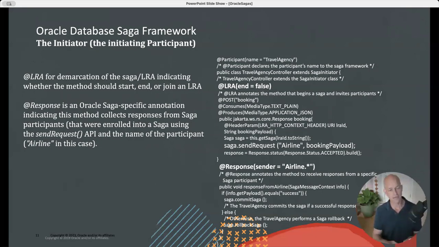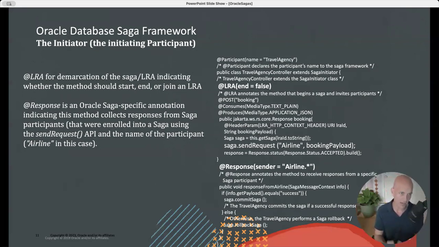So the Oracle database Saga framework is the first to actually provide this event-driven mechanism. And so we've provided this additional annotation, response. So there are a couple, response, and then we'll see the equivalent request on the participants.